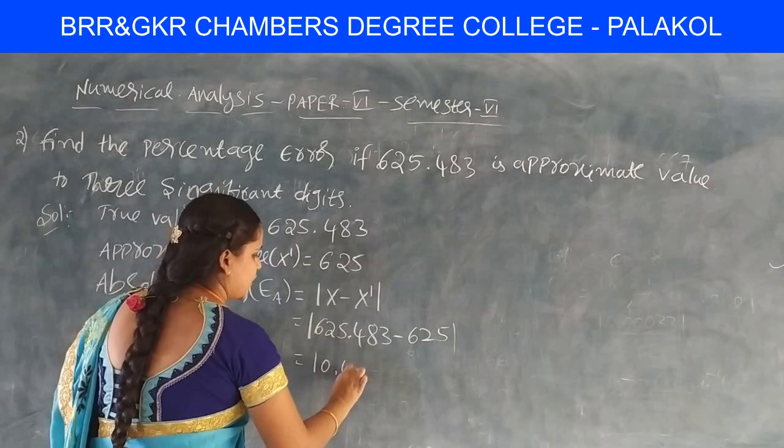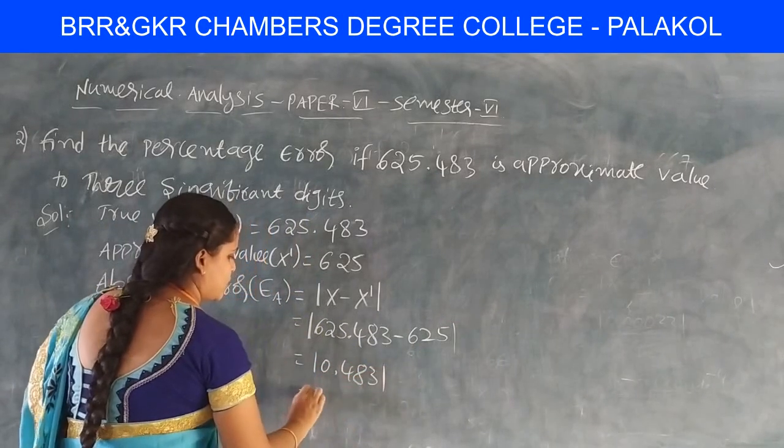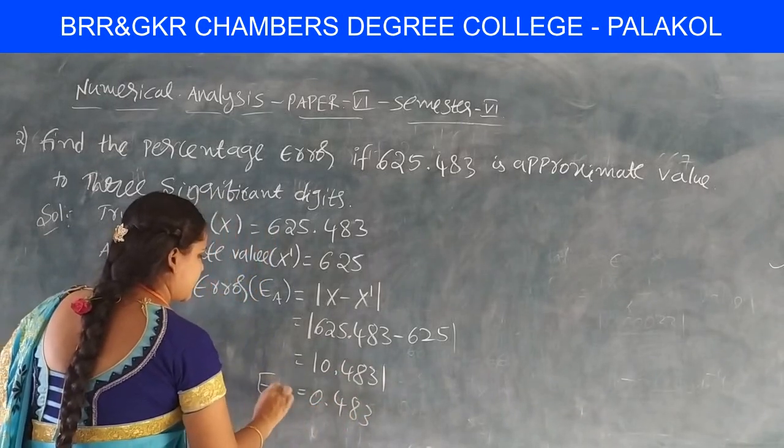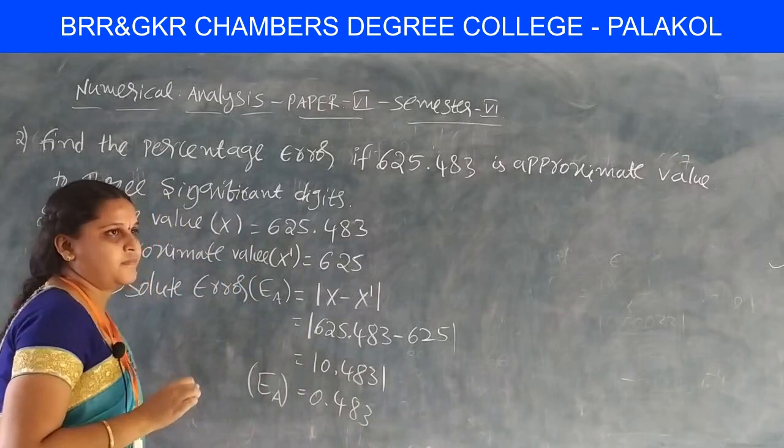So the modulus of 0.483, always positive, is 0.483, the absolute error.